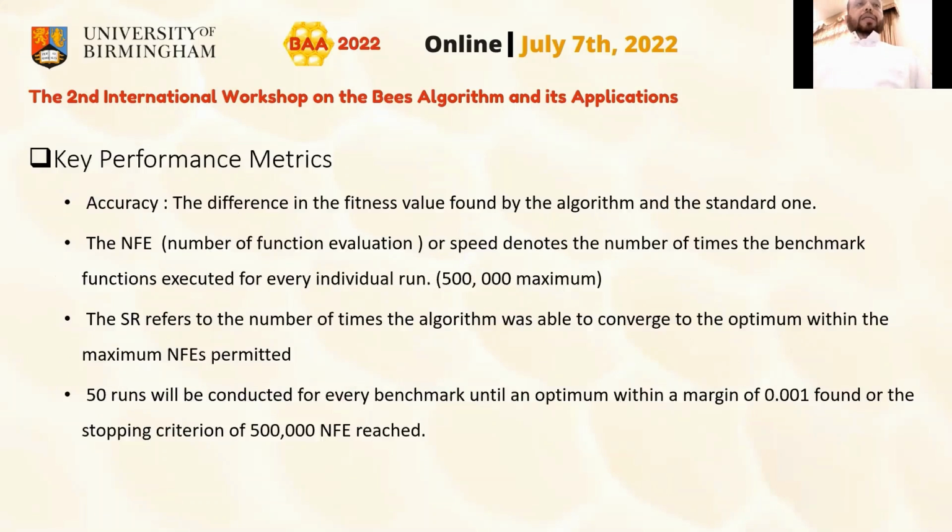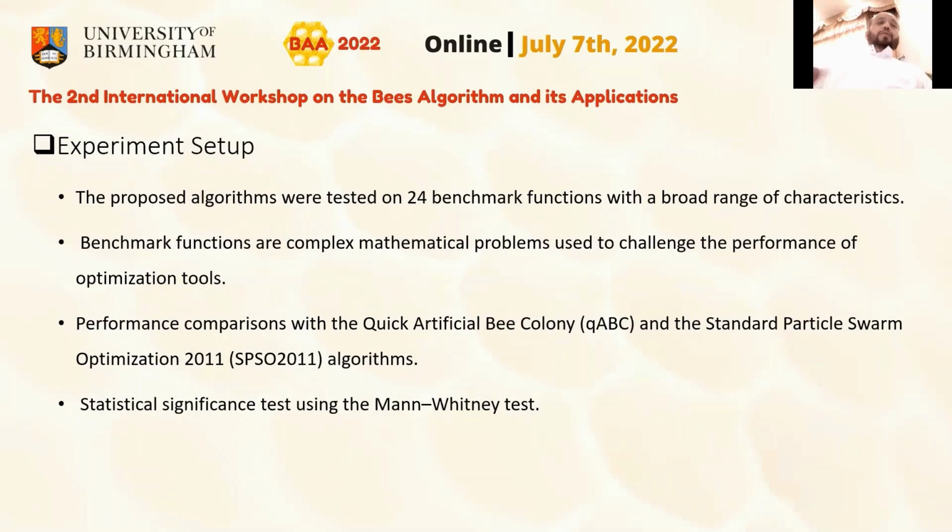Okay, just to go back to explain to you the experiment setup. Actually, the proposed algorithm was tested on 24 benchmark functions. These benchmark functions were selected to accommodate different characteristics or topography, to make sure that we are covering a wide range of types of benchmark functions.